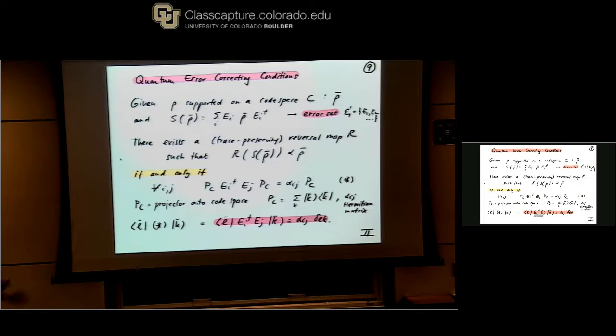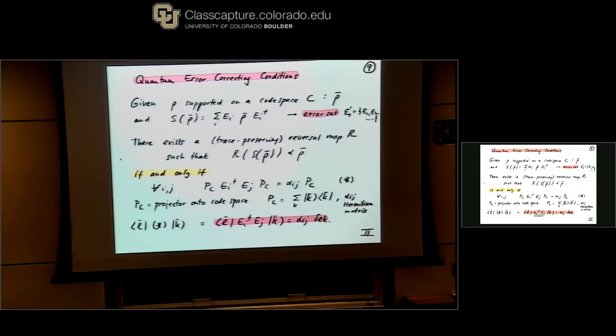You have a state in that small subspace, apply the map S, some noise happens, and we want to know whether there is a reversal map. That reversal map should be physically executable, so trace preserving, assuming we satisfy the error correction conditions for this family of errors E_i.